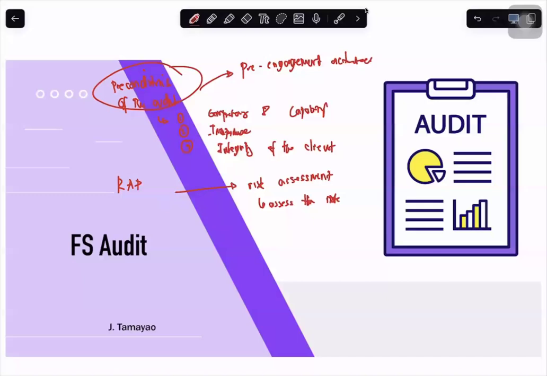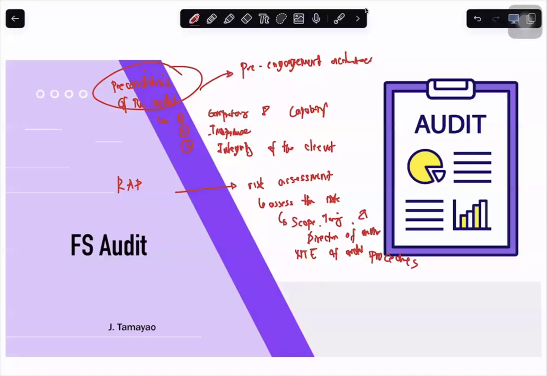So based on the assessment of the risk, we look into the scope, timing, and direction of our audit. At the same time, the nature, timing, and extent of our audit procedures.